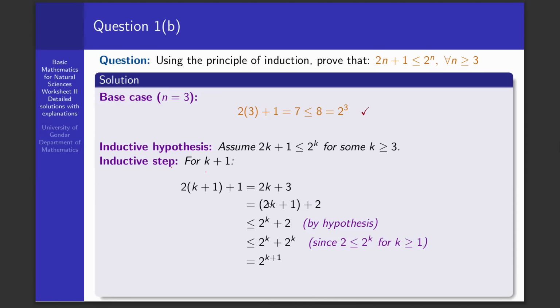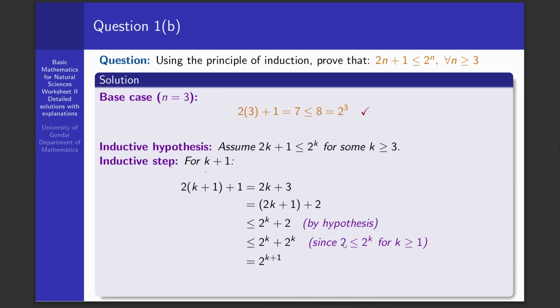So if we factor this into two parts, 1 and 2, that is 3 equals 1 plus 2, we have 2k plus 1 plus 2, which is less than or equal to 2^k plus 2 by the hypothesis, where 2k plus 1 is less than or equal to 2^k. So we have 2^k here plus 2 here. Therefore, this is less than or equal to 2^k plus 2^k.